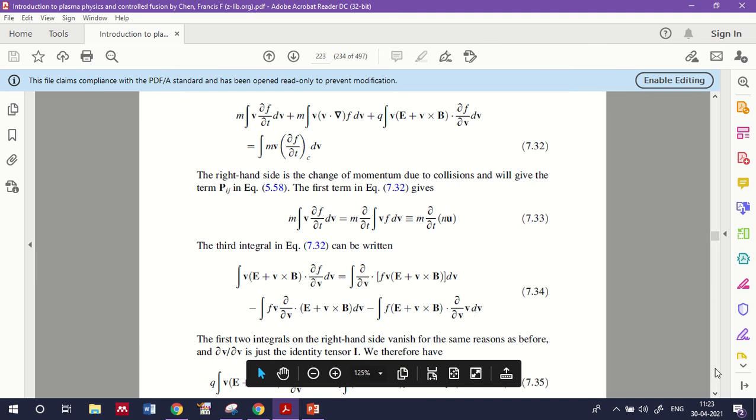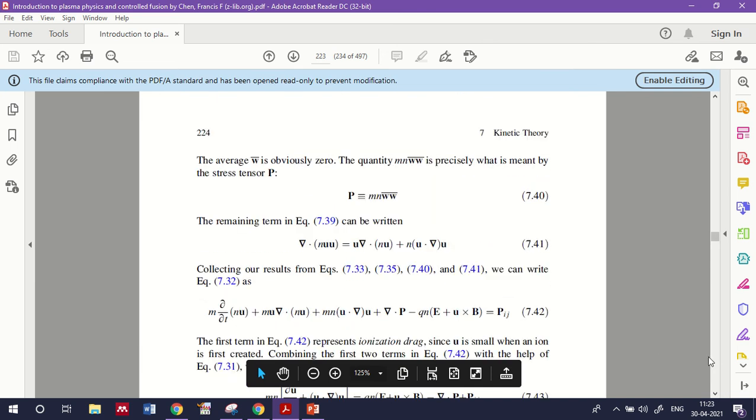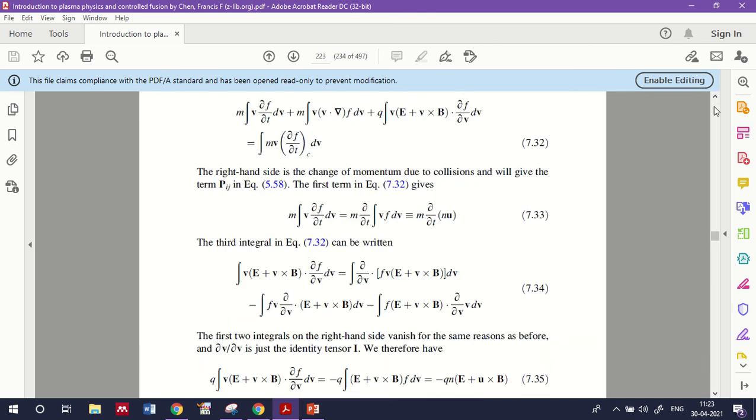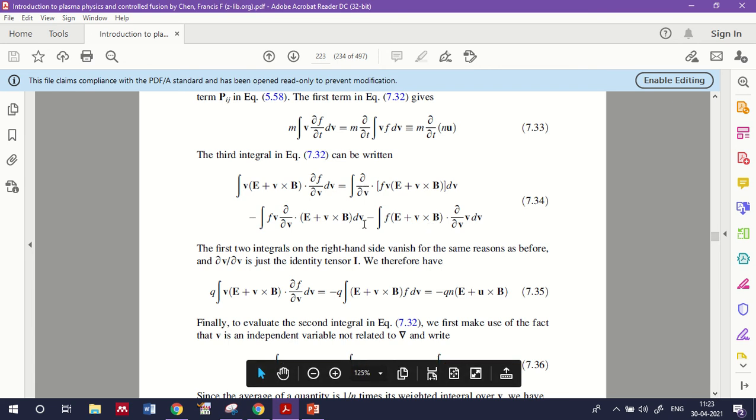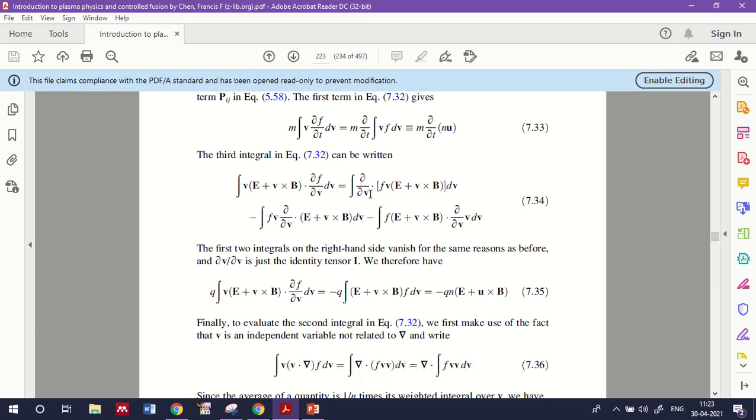In this equation, the first two terms on the right hand side vanish for the same reason as we said before, because dou v by dou v is just an identity tensor, and its value will be 1.